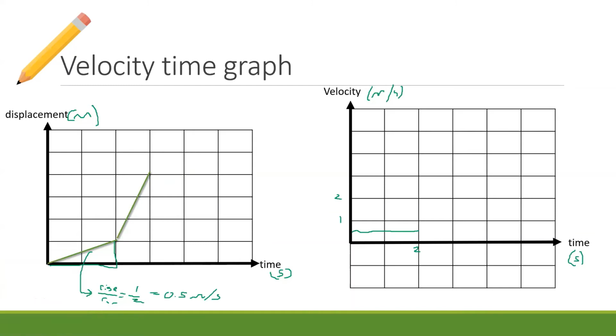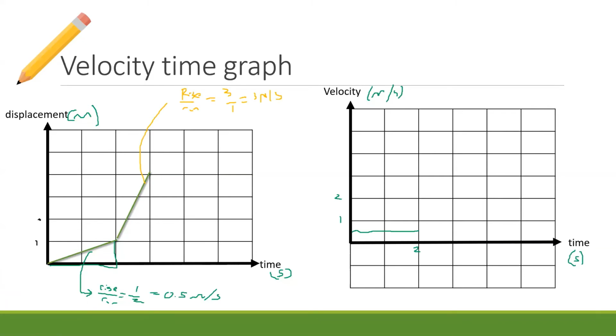Well, for this one, we've got a rise of 3 and a run of 1. So that means we've got 3 meters per second. It's definitely moving a lot faster here than it was before.